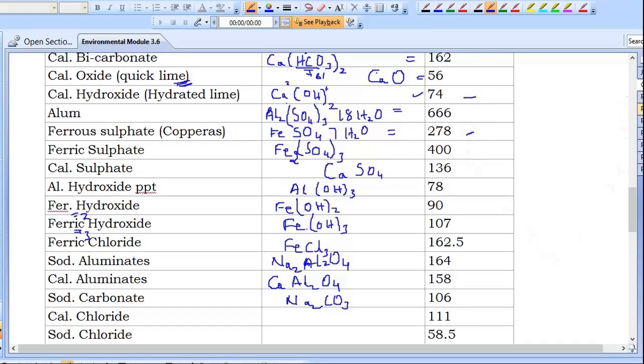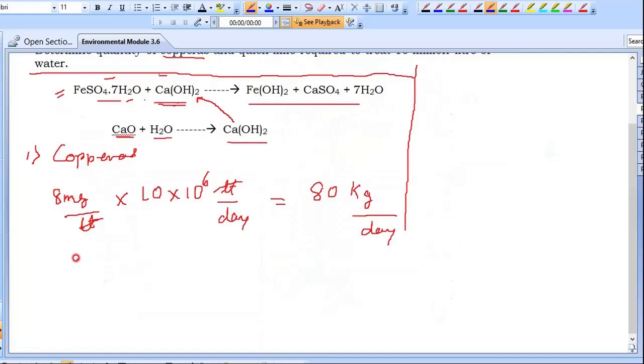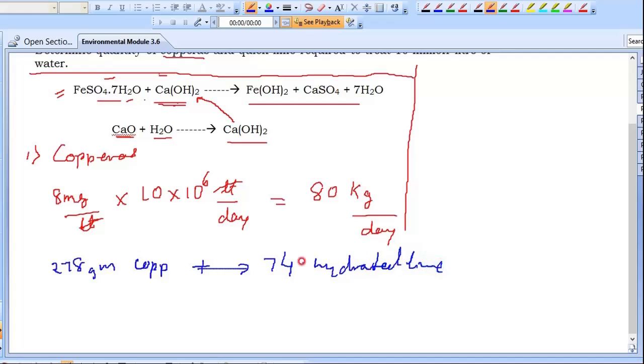Come back here. Now see, 278 gram of copperas consumes how much? 74 gram of hydrated lime. But we don't have this hydrated lime, but we have quicklime.